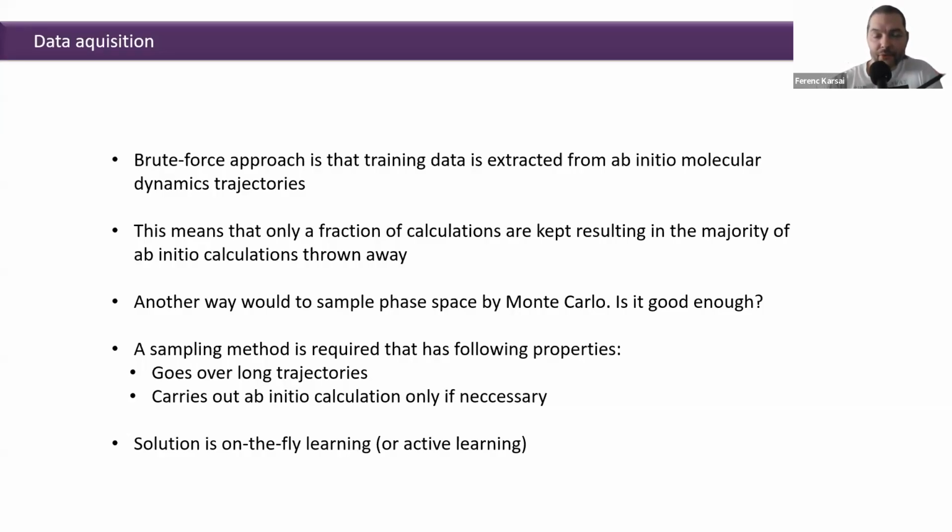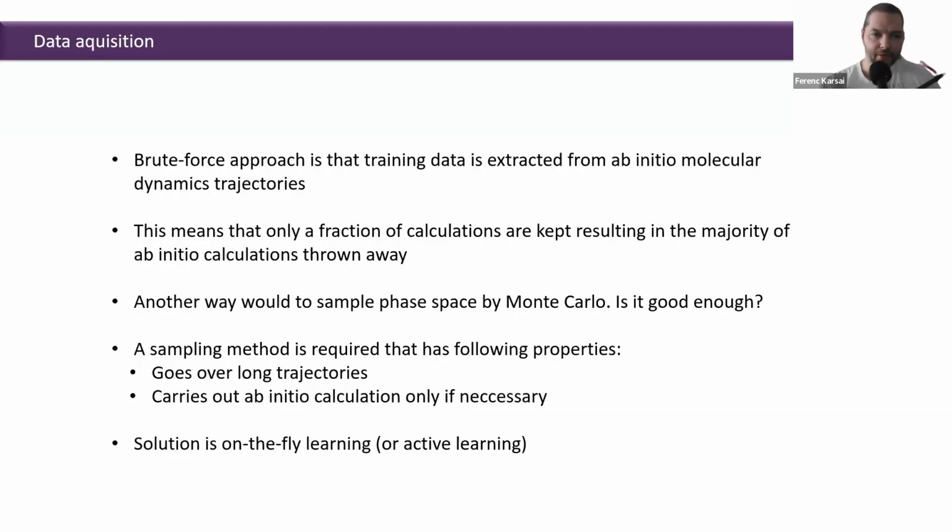Also, in both cases, we have the problem of how many to choose to have a desired accuracy. So to sum up, what we need for a good sampling is that it has to go over a long trajectory, it has to go over the right trajectory, it has to go with the right phase space, and it has to perform ab initio calculations only if necessary.